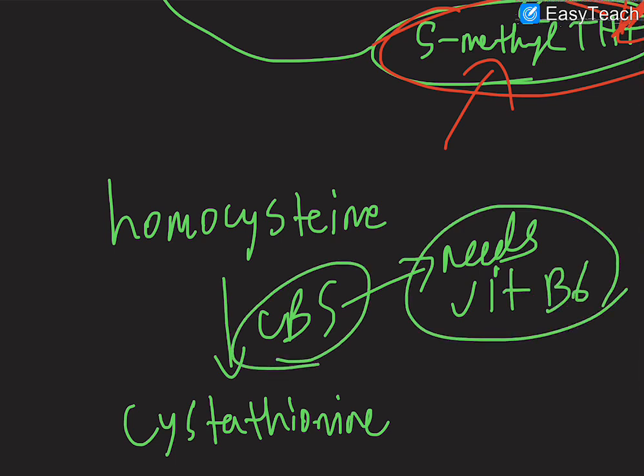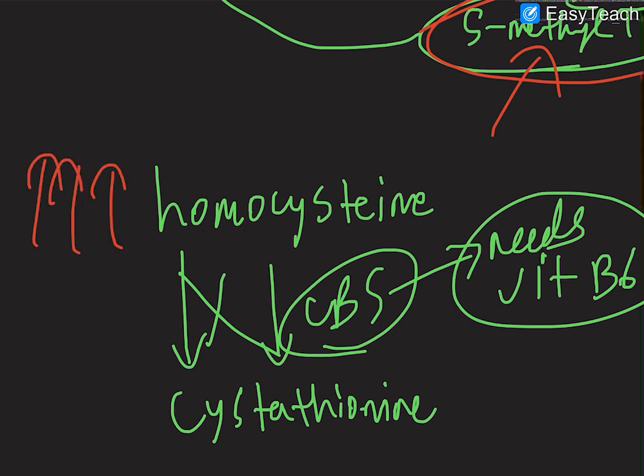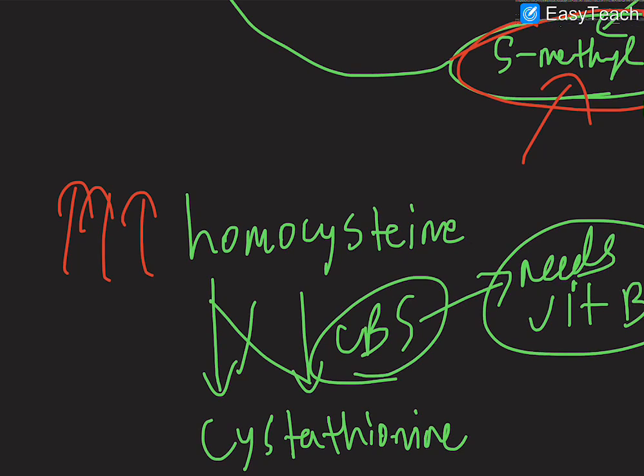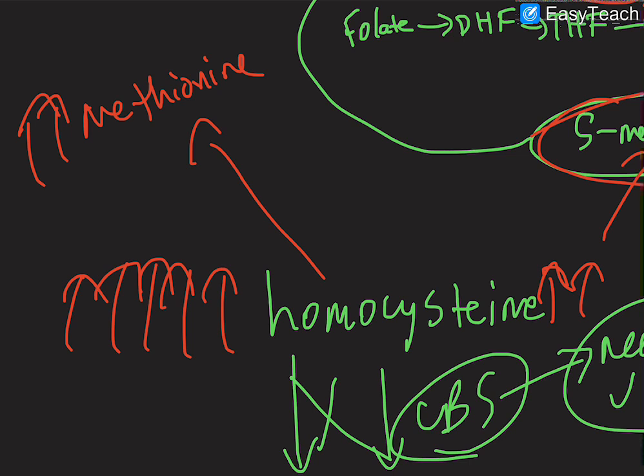If you're deficient in cystathionine beta synthase, then what happens? You can't convert homocysteine to cystathionine. So then that leads to an elevation of homocysteine. But then that means that all this excessive homocysteine can just get remethylated and converted into methionine, via the enzyme methionine synthase, with the help of B12. So you're actually going to see elevated levels of methionine and elevated levels of homocysteine in cystathionine beta synthase deficiency.